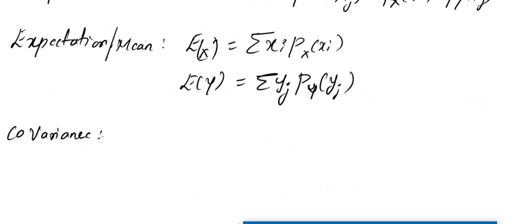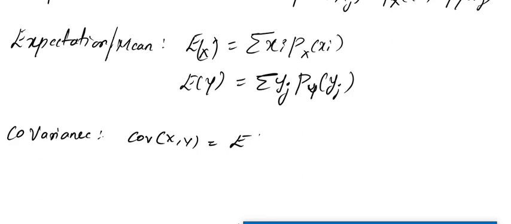Next comes covariance. If capital X and capital Y are two random variables defined on the same sample space, then covariance, which we also write as COV of X comma Y, has two forms.